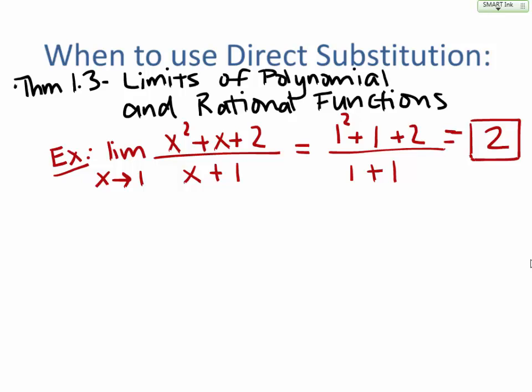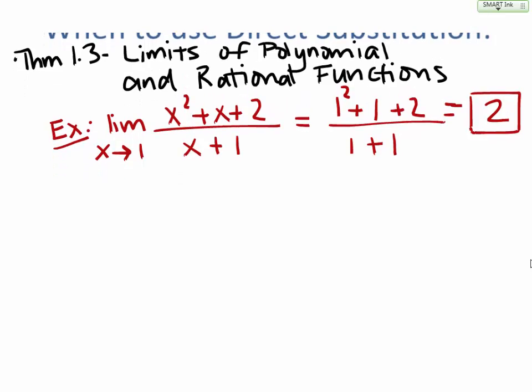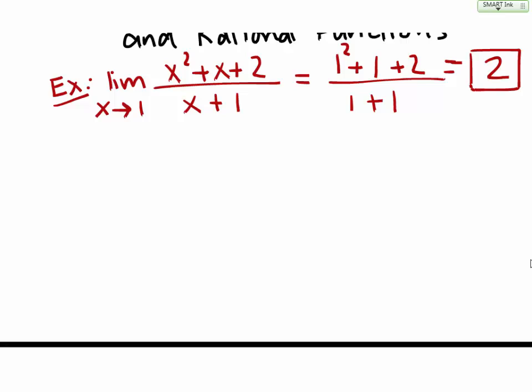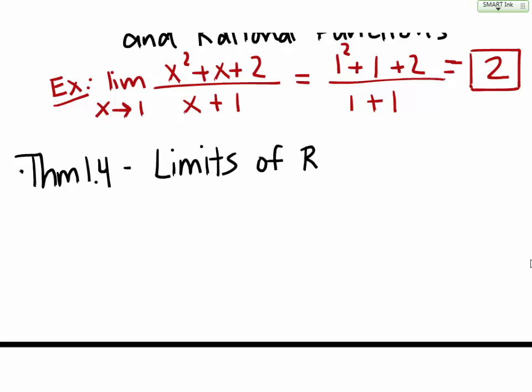Another theorem that you see in your text would be Theorem 1.4. This talks about using direct substitution for limits with radicals. So limits of functions with radicals. I'll just abbreviate by saying rad functions.